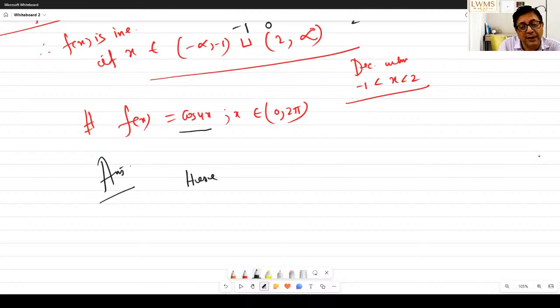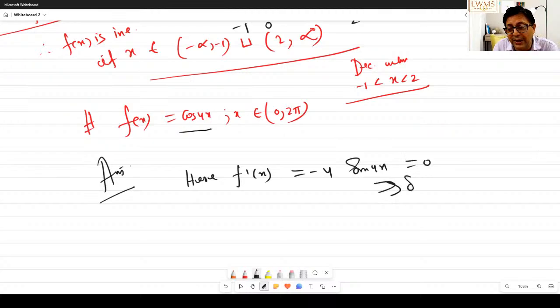Here f dash x is minus 4 sin 4x. Equal to 0 implies 4x equal to 0, pi, 2 pi, 3 pi, 4 pi, like that.